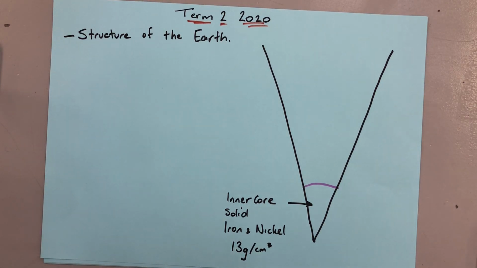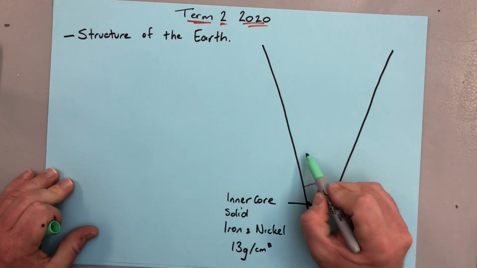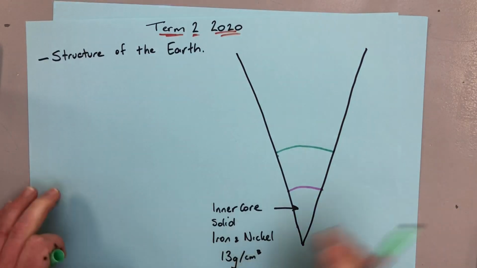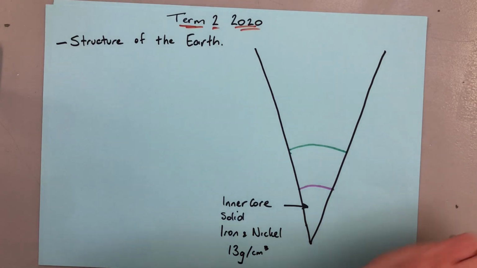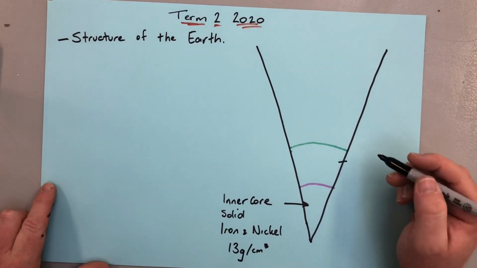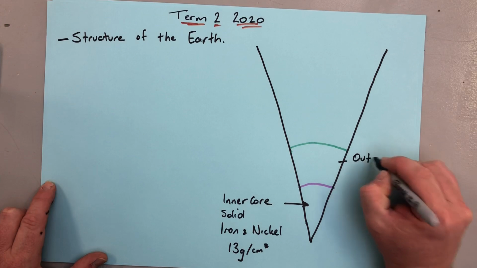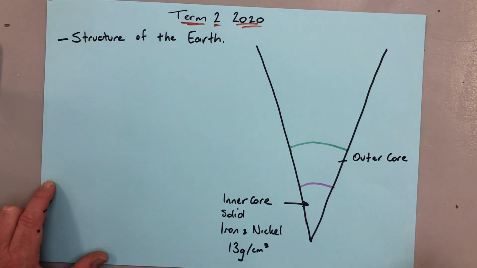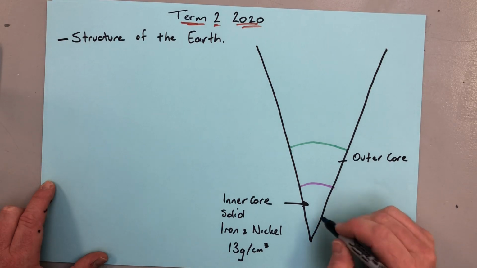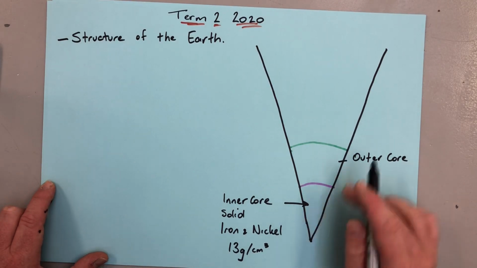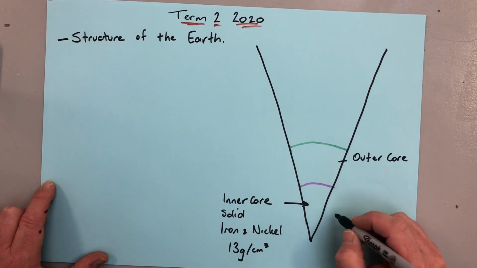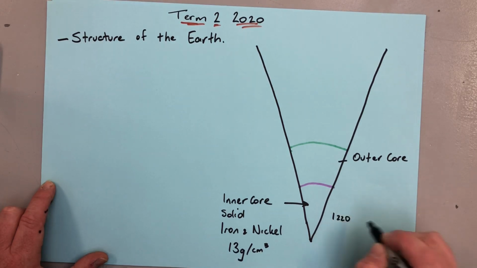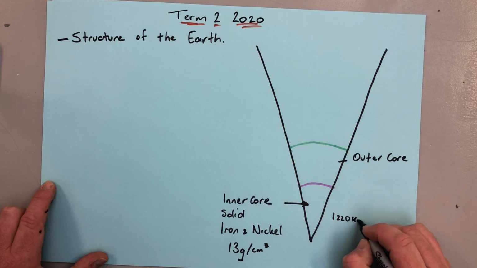Our next layer, around the outside of this one, is the outer core. I should have mentioned actually that the thickness of the inner core, and by the way, this isn't to scale because I've not done a very good job of scale, is about 1,220 kilometres.